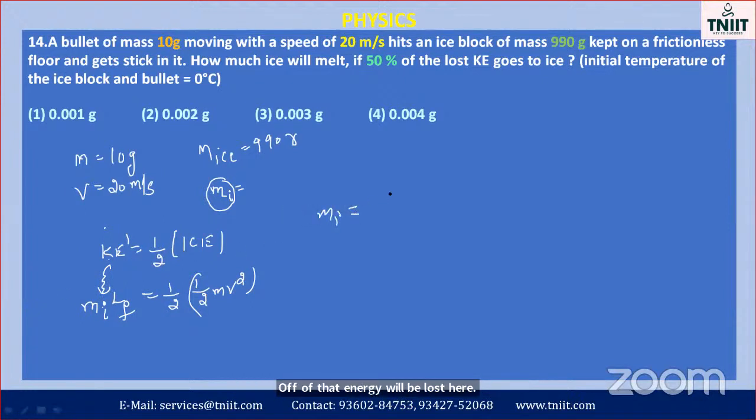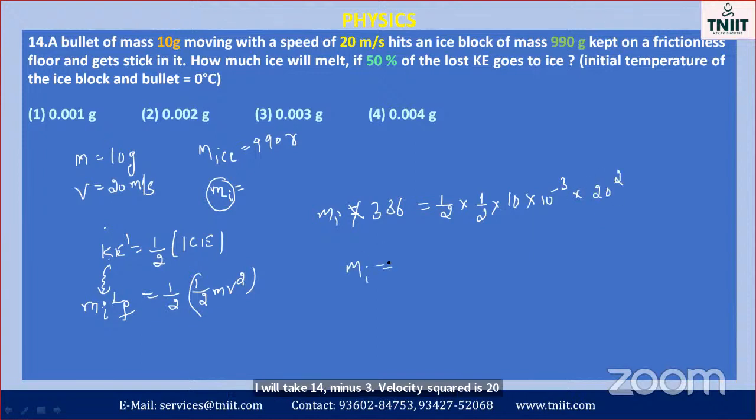What is the latent heat of fusion of ice? You have to remember it is 336 joule per gram, which is equal to half times the kinetic energy. Half into mass, which is 10 gram. Gram to kg, I will take 10 power minus 3. Velocity squared is 20 square.